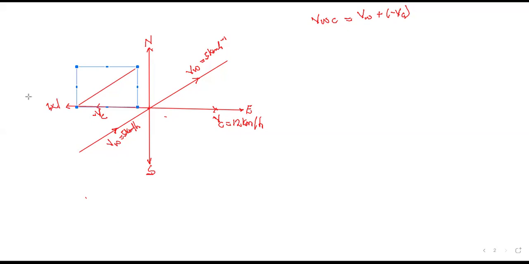Okay, similar to what we've done before, resolving this into a parallelogram. So this is the equal vector of VW, same magnitude, same direction.